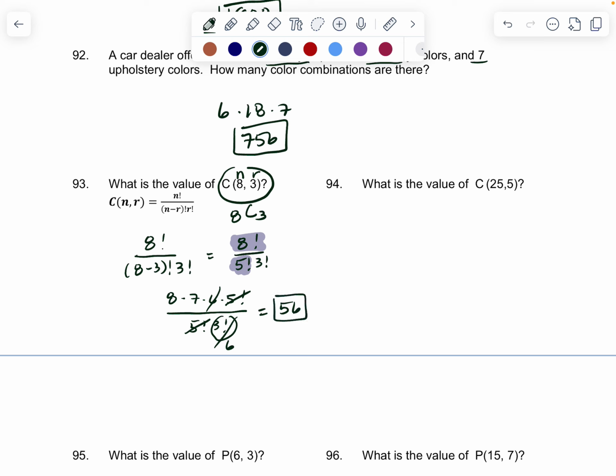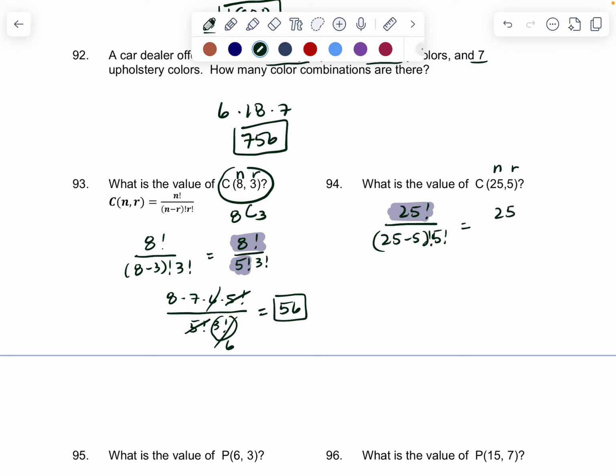Same thing for number 94. This is your N, this is your R. So it's going to be 25 factorial over 25 minus 5 factorial times 5 factorial. Again, we're always going to start with the highest factorial that we see. Let me rewrite this one more time.